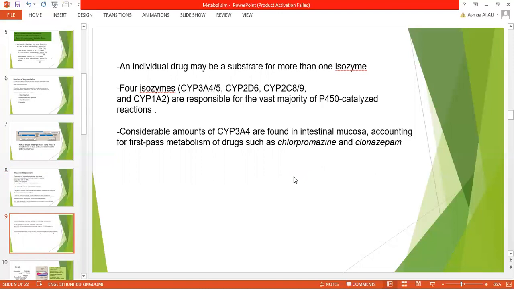There are 4 isozymes, which are cytochrome 3A4/5, cytochrome 2D6, cytochrome 2C8/9, and cytochrome 1A2, which are responsible for the vast majority of cytochrome P450 catalyzed reactions. A considerable amount of cytochrome 3A4 is found in intestinal mucosa, accounting for first-pass metabolism of drugs such as chlorpromazine and clonazepam, as an example.